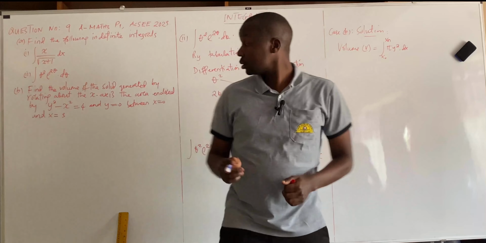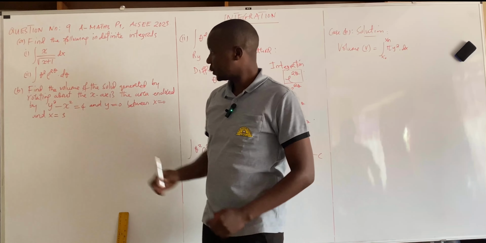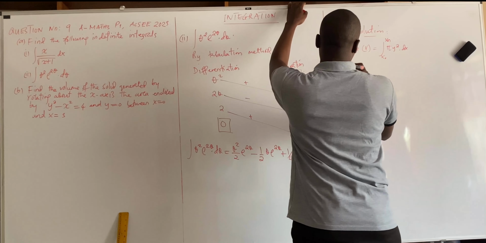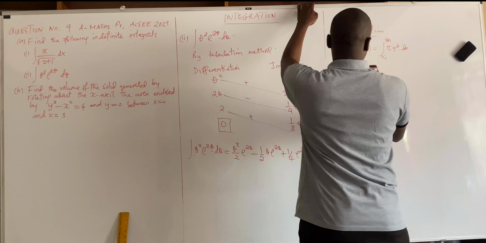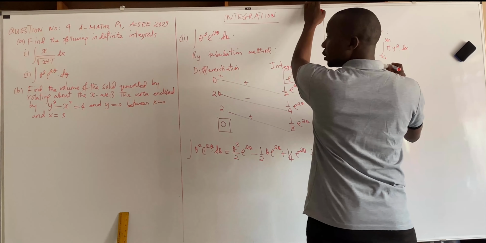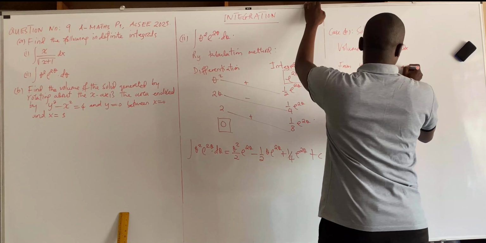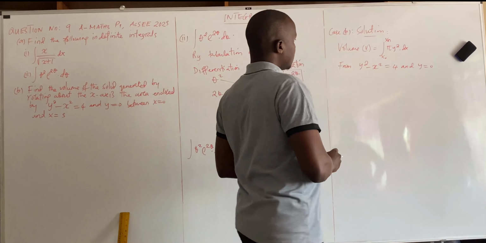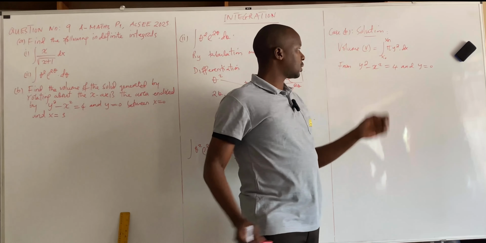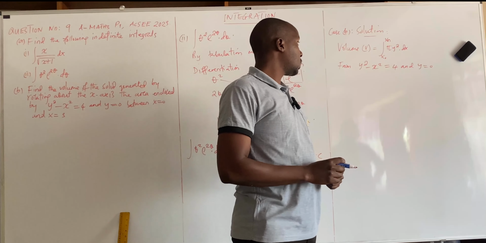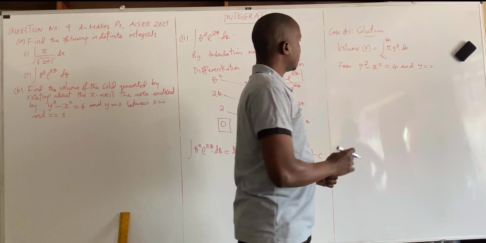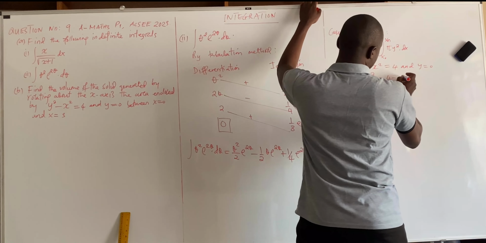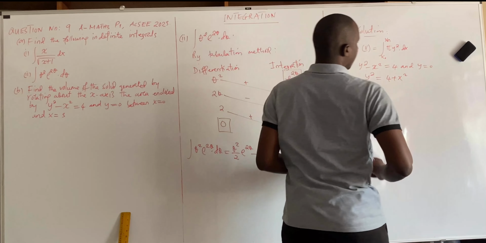Now from here we have the equation y square minus x square equals to 4 and y equals to 0. This is along the x-axis. So from here we can make y square the subject, as you can see from the formula. So if we make y square the subject, we get 4 plus x square.